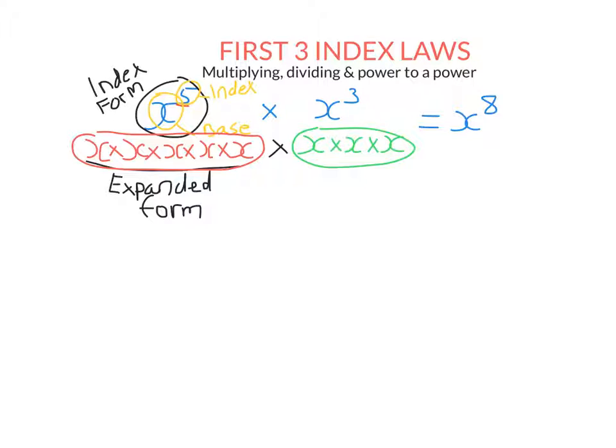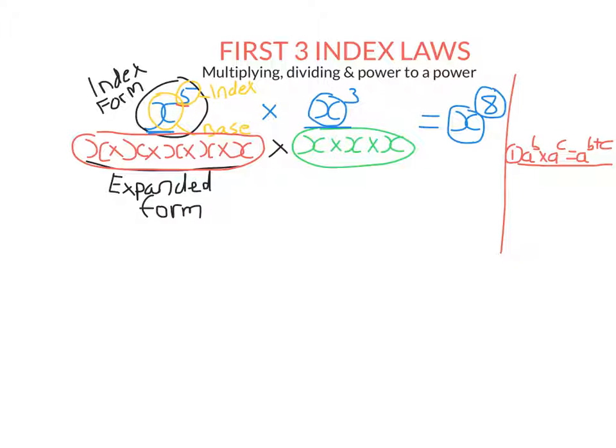So notice, when we multiplied these two things together, we kept the same base. So we had x and x, kept the same base x, but we added the powers. 5 plus 3 gives 8. That's the first index law. So when you multiply bases, you keep the same base and add the power.